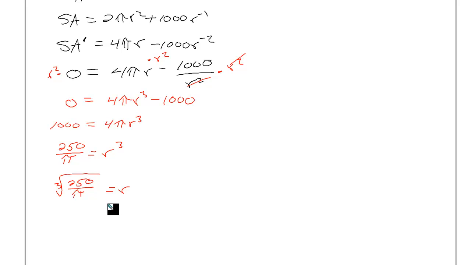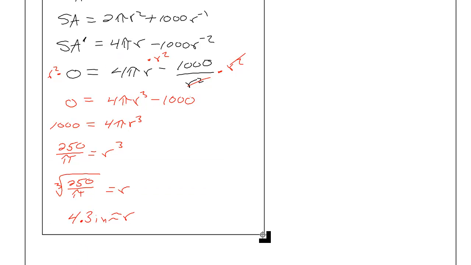Put that into my handiest of dandiest calculator. It's going to come out to be approximately 4.3. The radius of this can is 4.3 inches. So what's there to do next? We have to find the height.